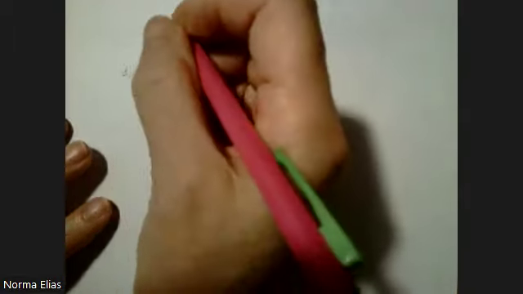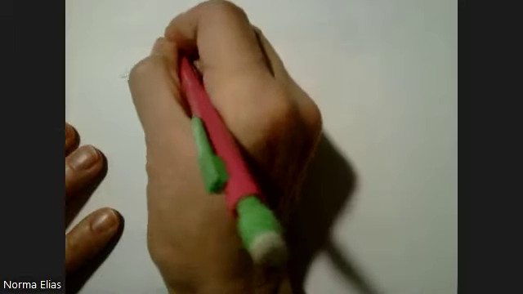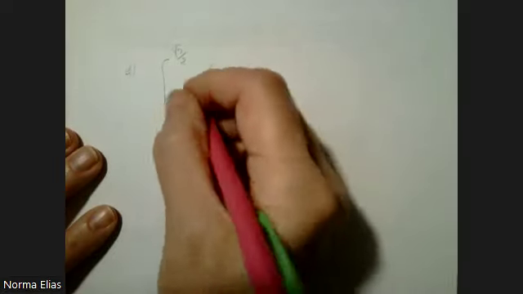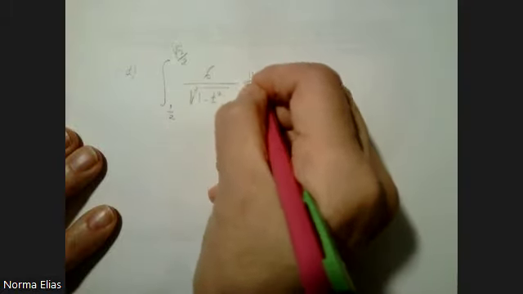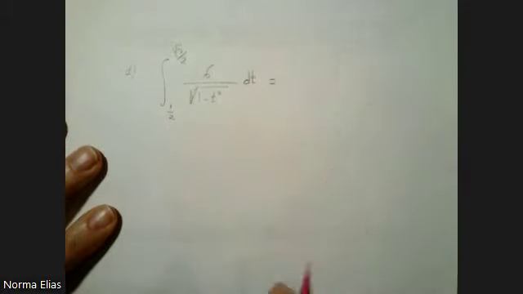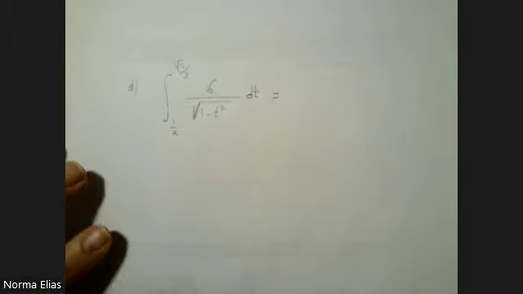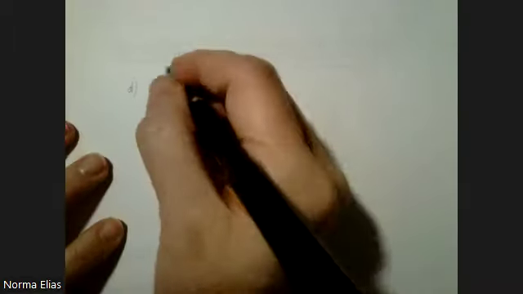Number 5D, we have the integral from a half to square root of 3 over 2 of 6 over the square root of 1 minus t squared dt. Sorry, if you don't see very well, let me know.